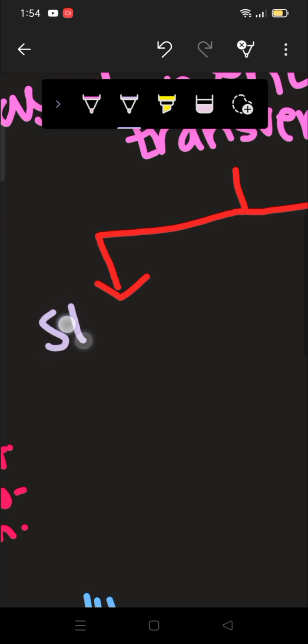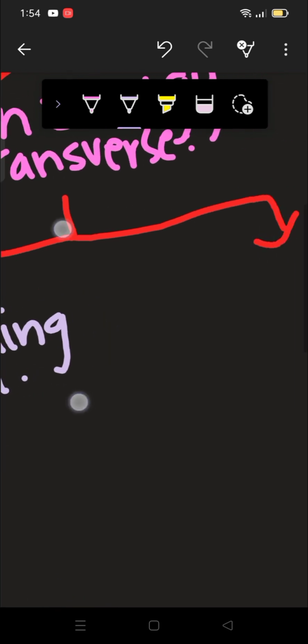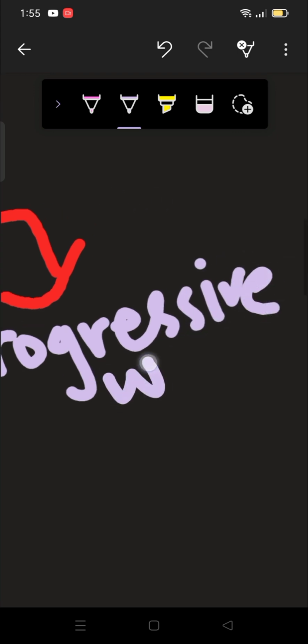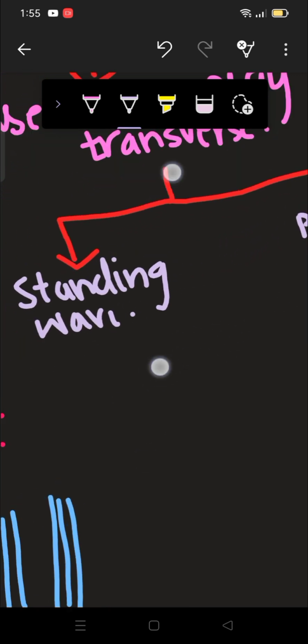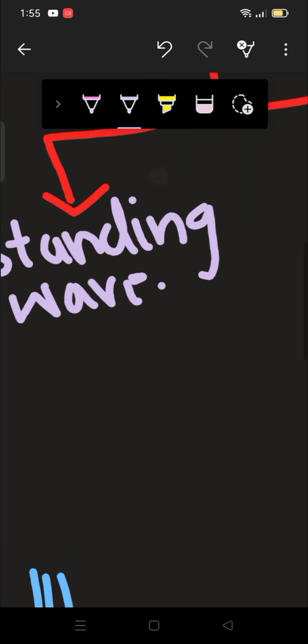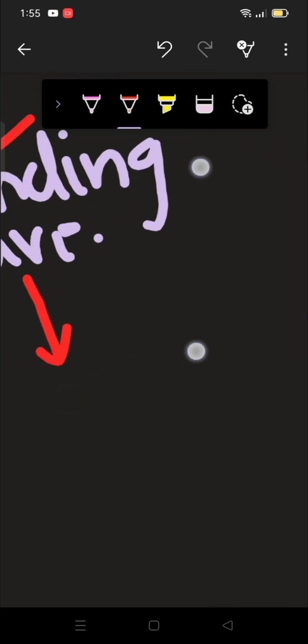This is standing wave, and another type of wave which is based on energy transfers is known as progressive wave. Let me make the arrow here first. So standing waves, then we'll be talking about progressive waves as well.